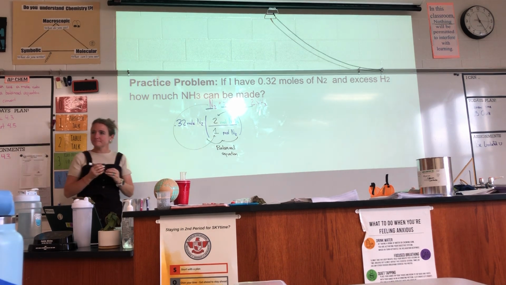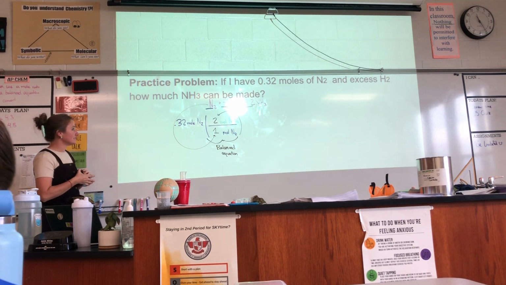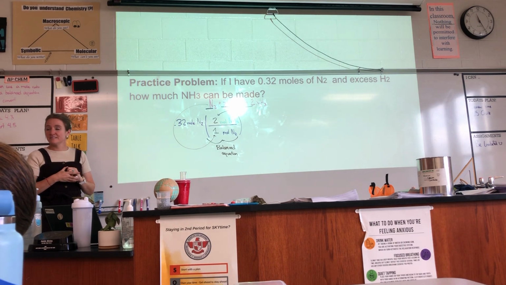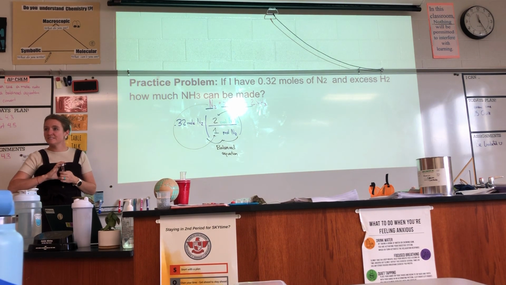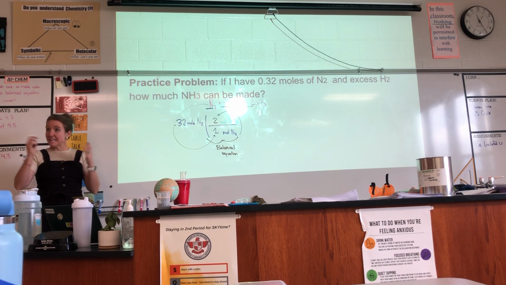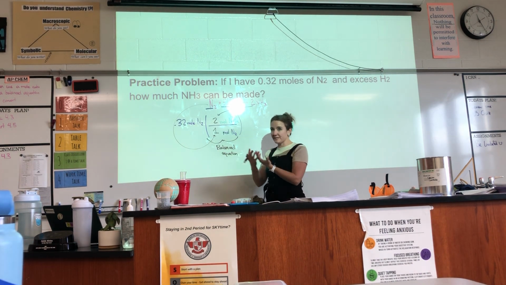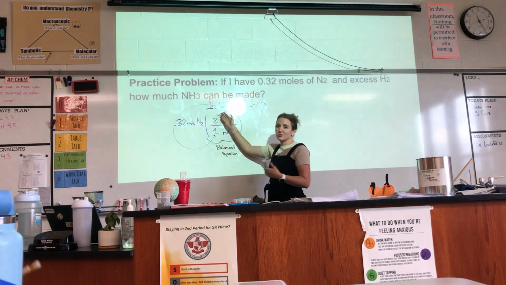Yeah, Bryson. Sort of along those ideas, how I saw it was obviously like a ratio. Since there's 1 and 2, and there has to be 2 NH3, then if there's 2 N2s, there's 4 NH3. So I saw that there's 0.32 moles of N2, so there has to be double that with the NH3. And that's perfect. That's exactly what this fraction is showing us. It's showing us that the relationship between them is a 2 to 1.